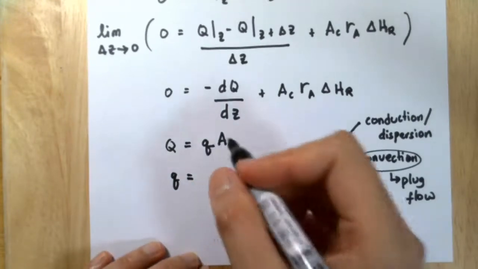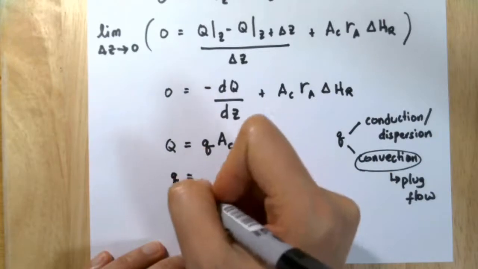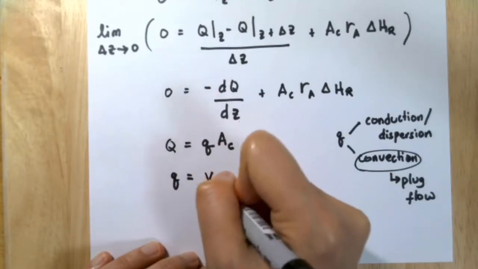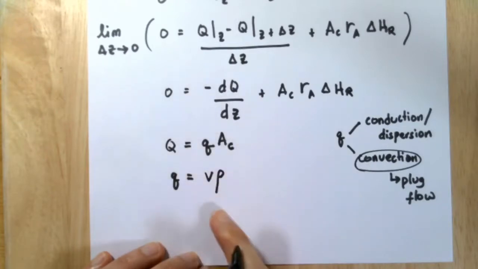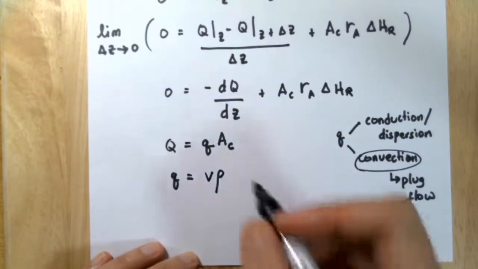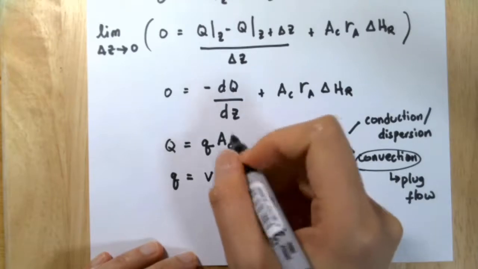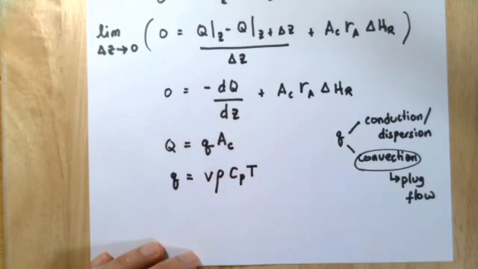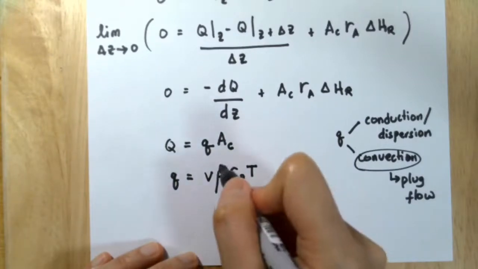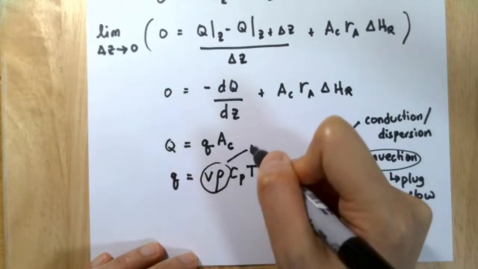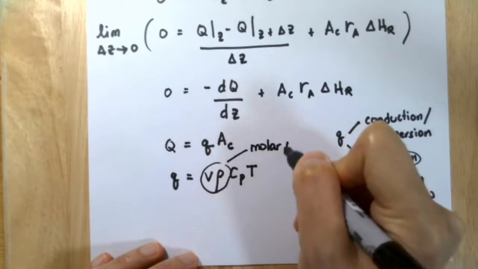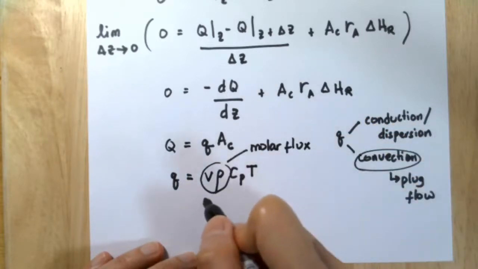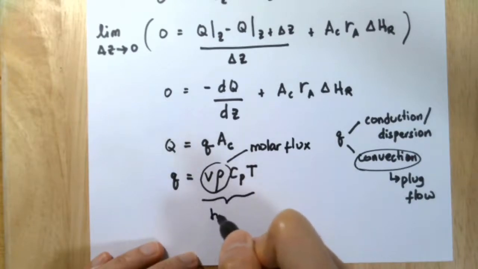The molar flux is the velocity V times the density. To get the heat flux, I have to multiply this with the molar heat capacity and the temperature. So this term here is our molar flux, and this whole term here is our heat flux.